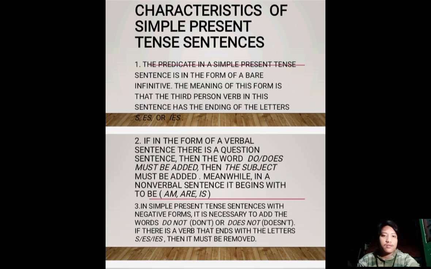Number three, in simple present tense sentences with negative form, it is necessary to add the words do not, don't, or does not, doesn't. If there is a verb that ends with the letters s or es, then it must be removed.